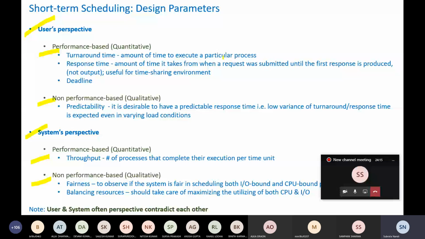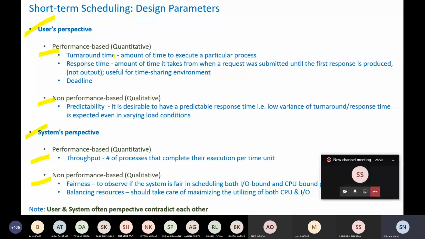So during its entire lifetime, it's the turnaround time, which comprises its service time, the amount of time it utilizes the CPU in multiple bursts, and its waiting time in multiple instances, which includes the ready queue and also the suspended case.